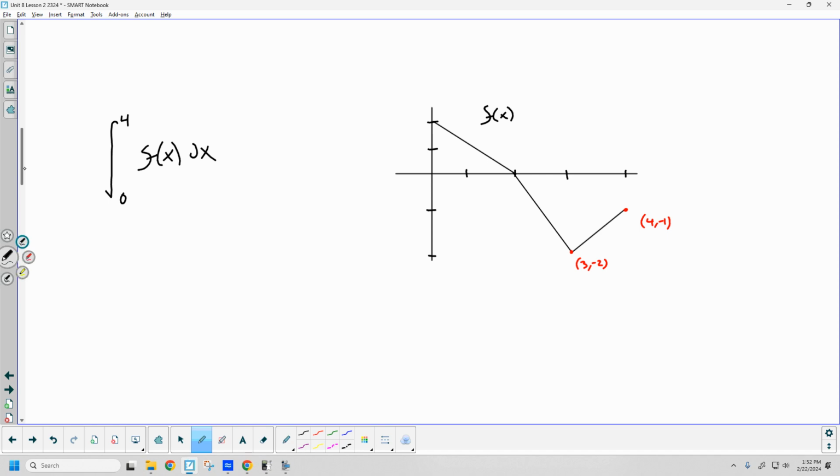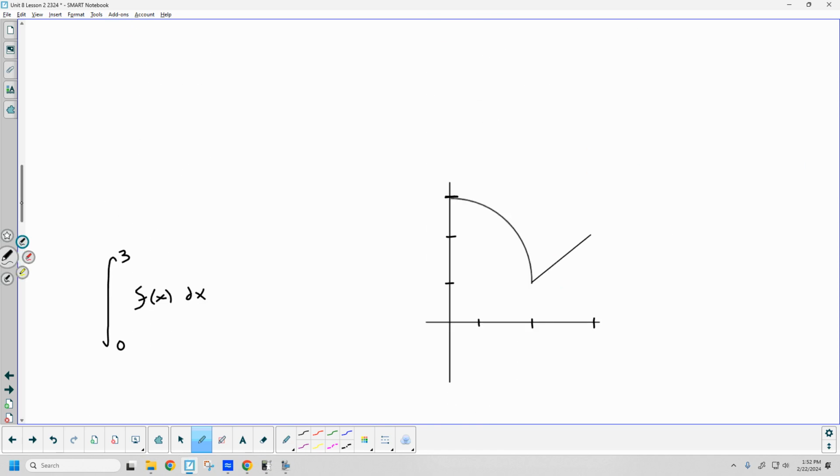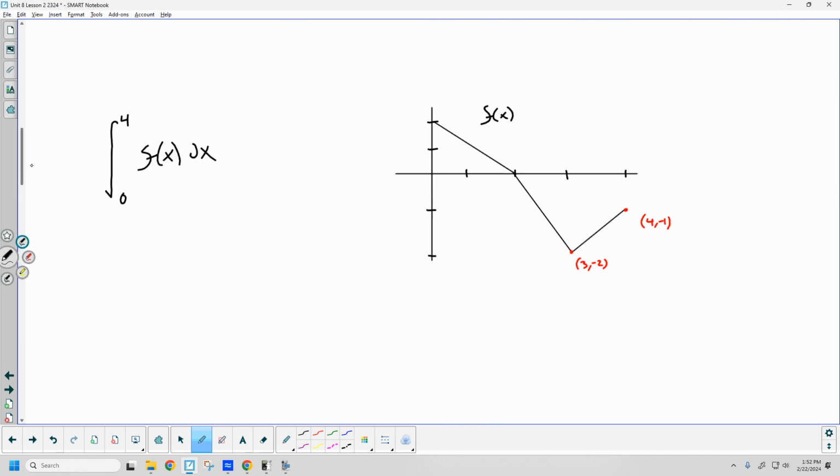Now, remember how we had our velocity, and our velocity went underneath the x-axis. We said the accumulation was negative. Hopefully you remember that when your derivative was negative, your original function was decreasing, and we said the accumulation would be a negative value.